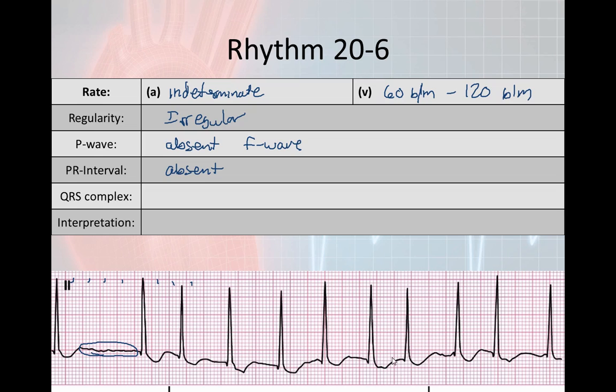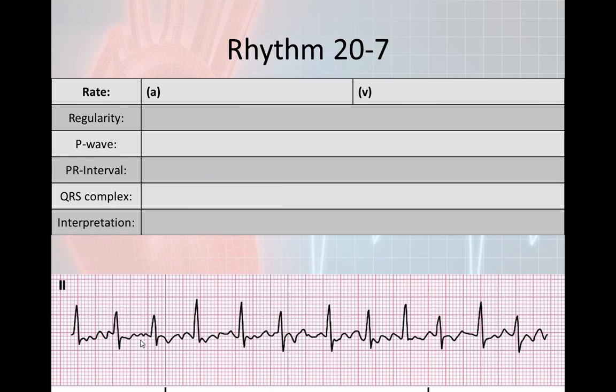Find a good one that actually has a definitive starting and stopping. Here's one down here. We'll start here, stops here. That looks to be about 0.12. I think I went a little wide on that. So 0.12 second. Interpretation is atrial fibrillation.